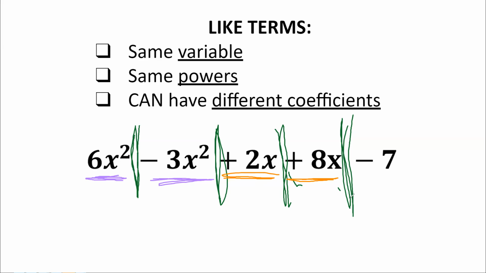Technically the power is 1, but anything to the power 1 is itself because it's just being multiplied by itself. So this x is the exact same variable as that x. And then we also have a negative 7 tacked in at the end, and that's going to be a like term by itself. So it's the only one that matches up with that.